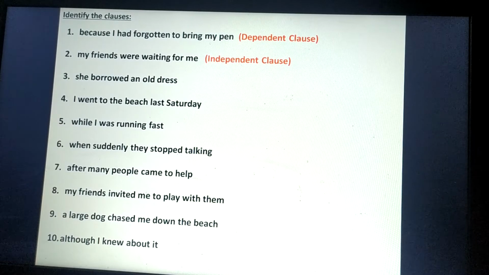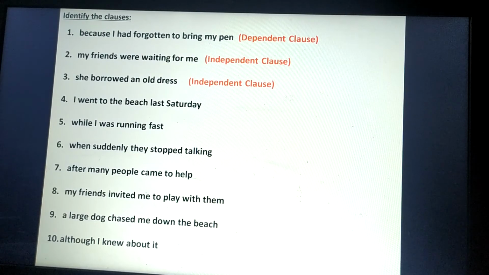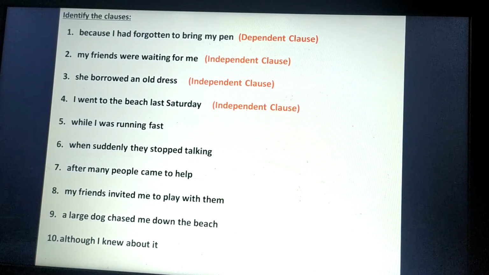This also stands on its own, so it's also an independent clause. Next one, "I went to the beach last Saturday." Here also we don't find anything depending on another part, so it's not a dependent clause. It's of course an independent clause.